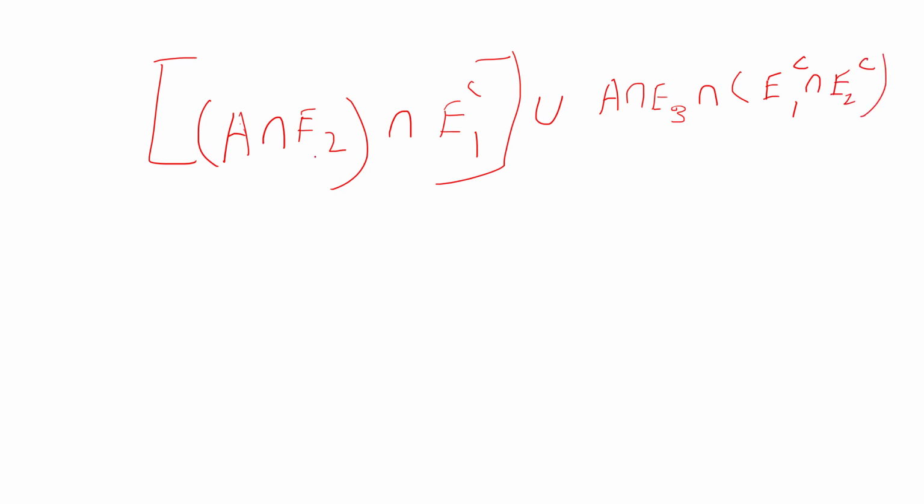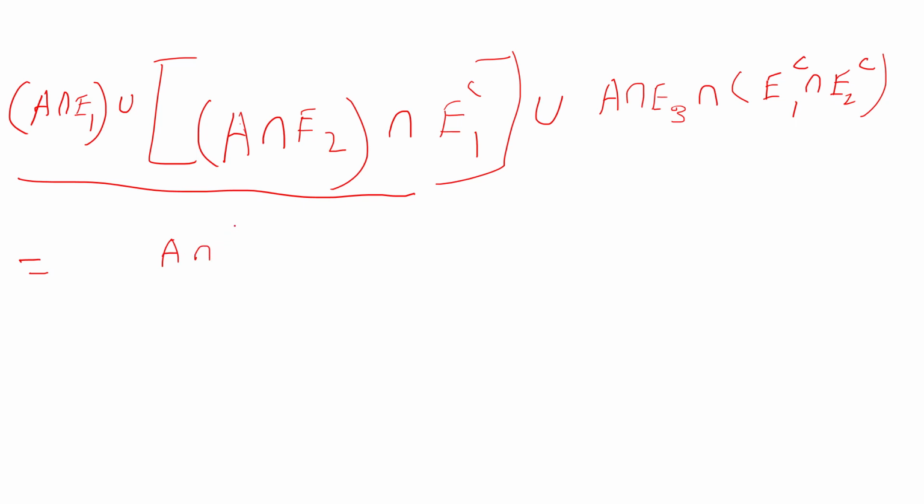So, and then you have to take A intersection E1 union here. Alright, so we have already shown that from here to here it is equal to how much? This is equal to A intersection E1 union E2.